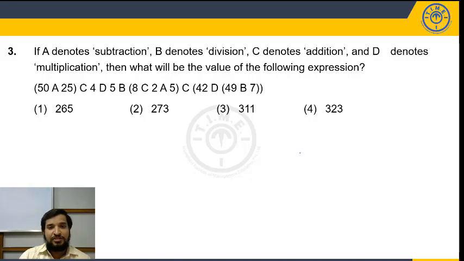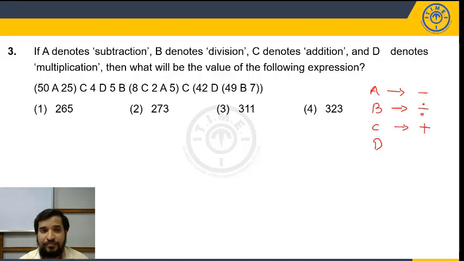If A denotes subtraction, B denotes division, C denotes addition, and D denotes multiplication, then what will be the value of the following expression? So for the letters A to D, he assigns some mathematical operations. A is subtraction, B is division, C is addition, and D is multiplication.